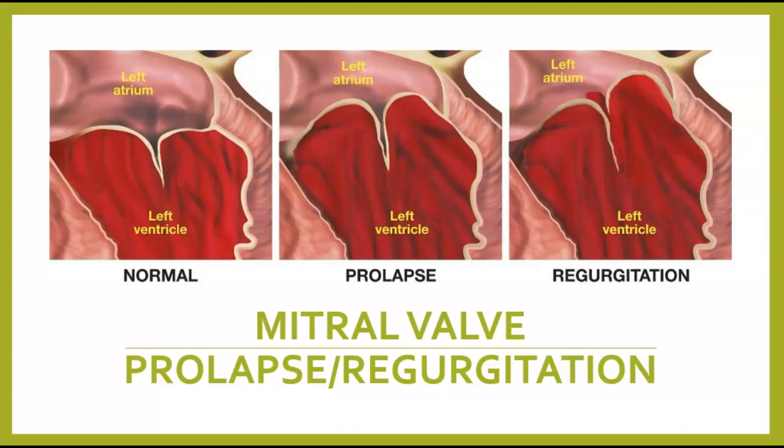And then if the left ventricle isn't pumping out enough blood, the blood can then back up into that left atrium again, back up into that pulmonary artery, then to the right ventricle, to the right atrium, and that can cause some heart failure.